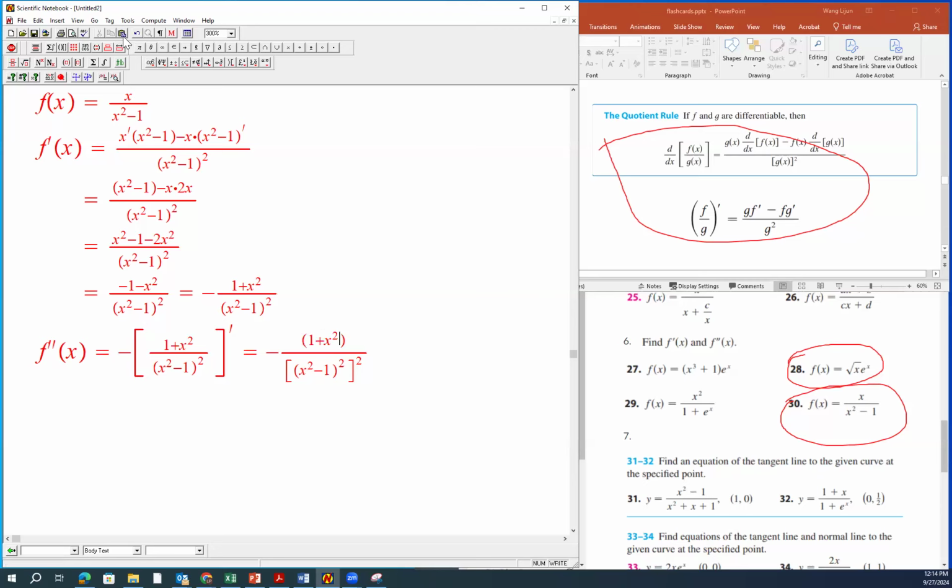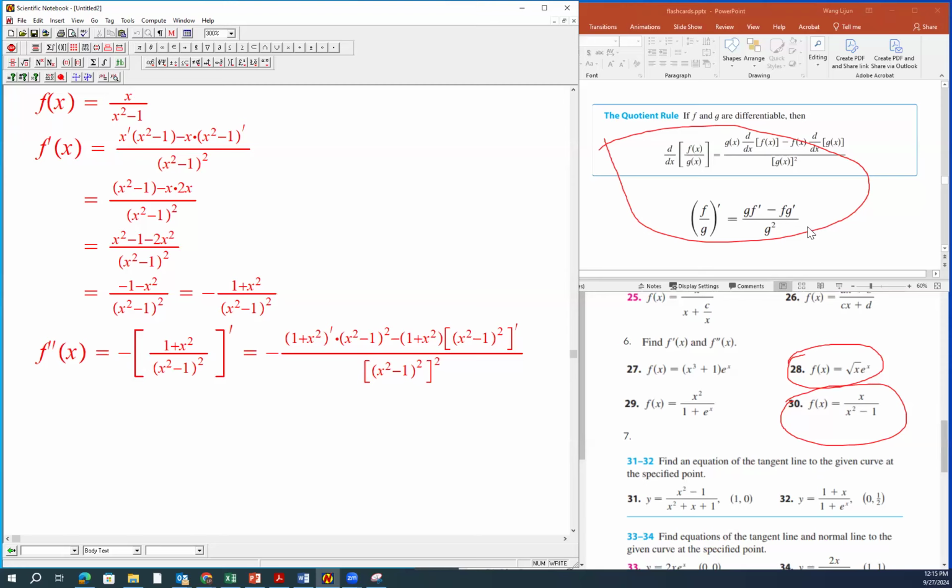The numerator is being differentiated first, multiplied by the denominator, subtracting the numerator, which is 1 plus x squared, multiplied by the derivative of the denominator.